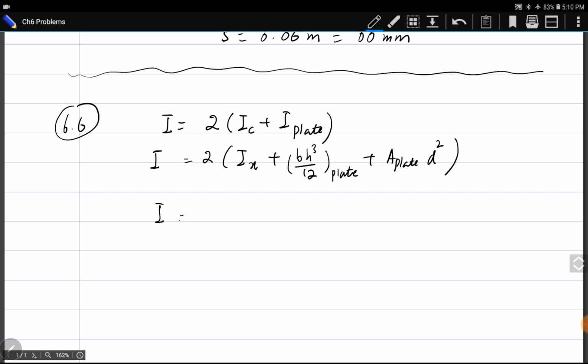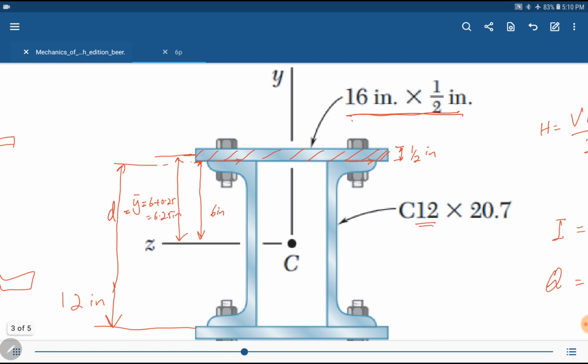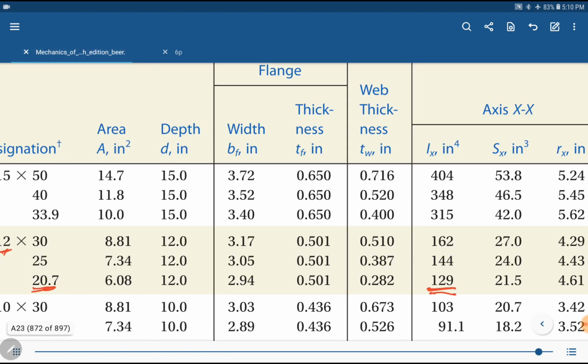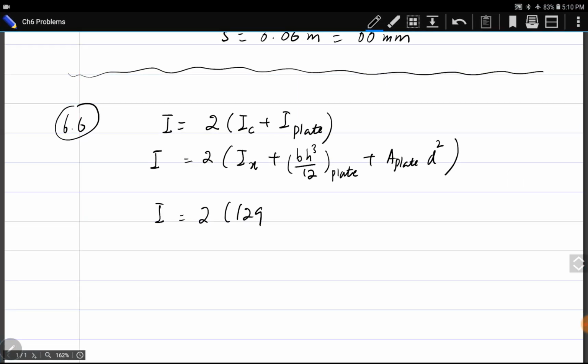So I will put the values here. 2 into 129. 129 was the value of I for the C section. Plus width of the plate is 16, height of the plate is 0.5, cube divided by 12.